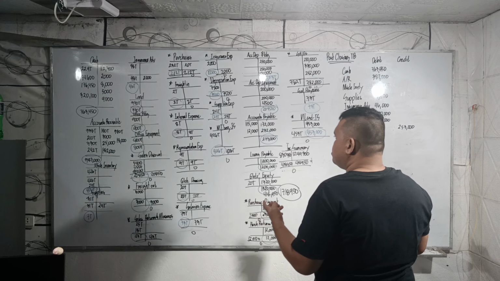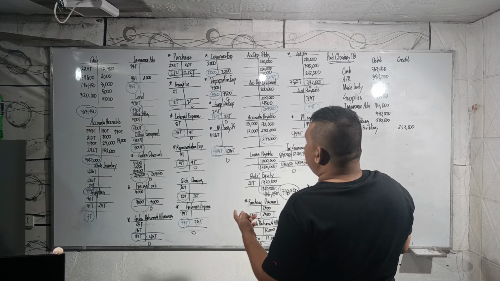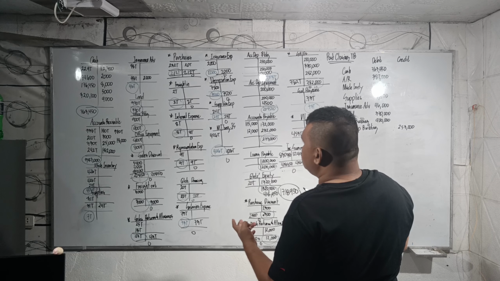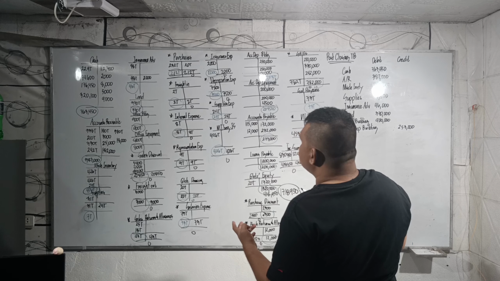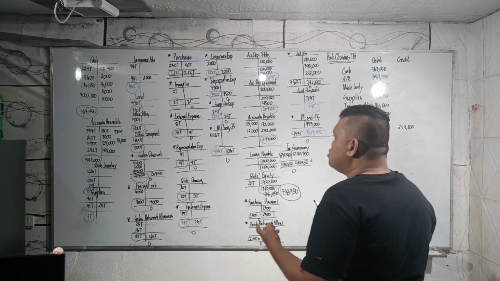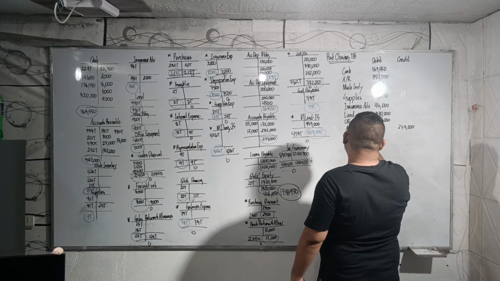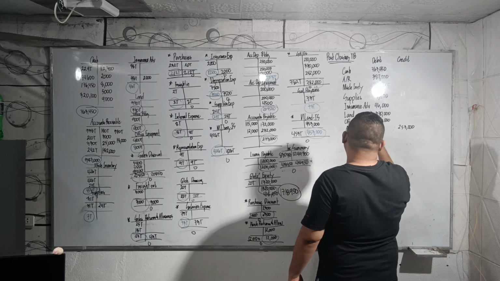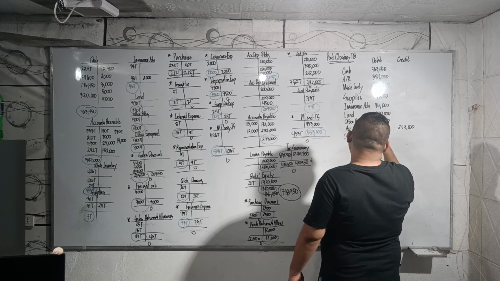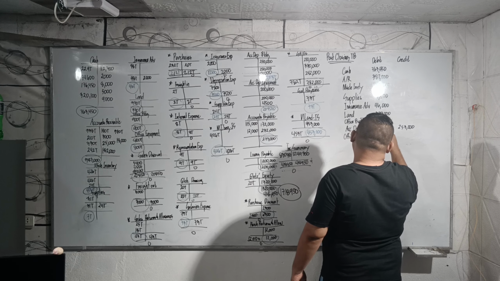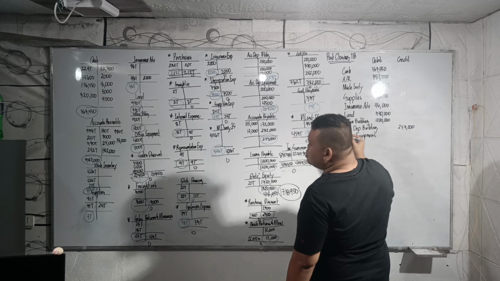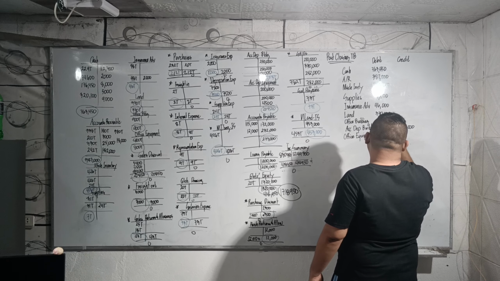And then after the office building, where is the office equipment? Yeah, the office equipment is 800,000.